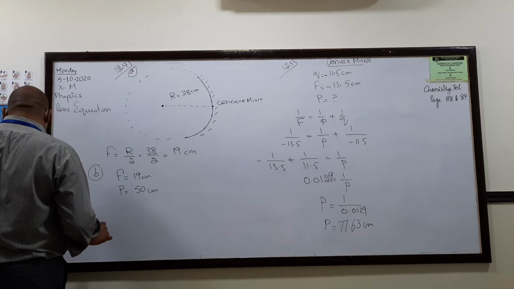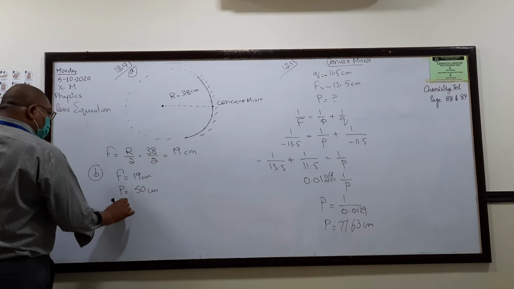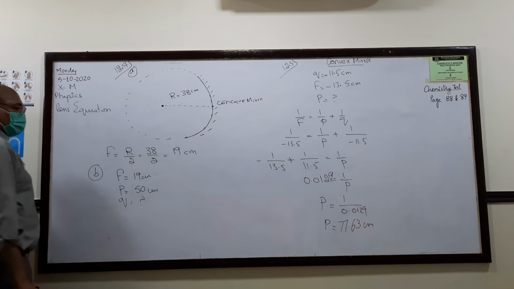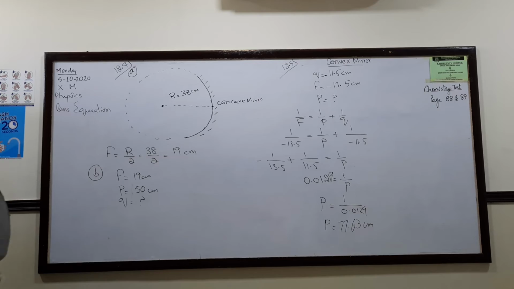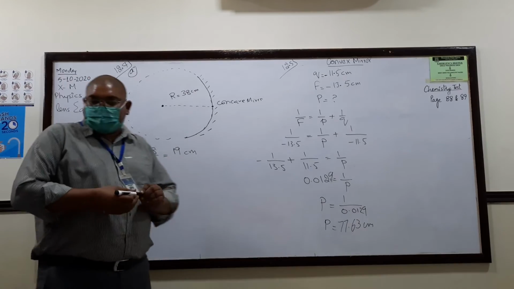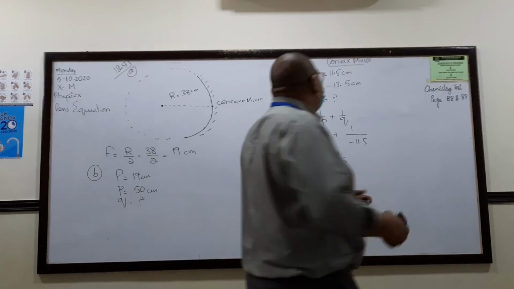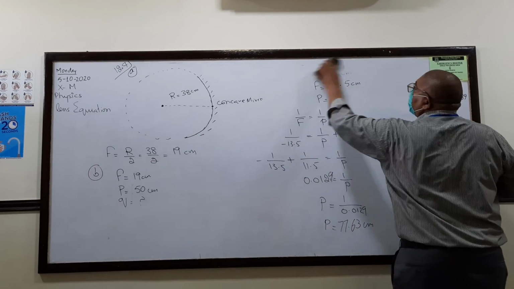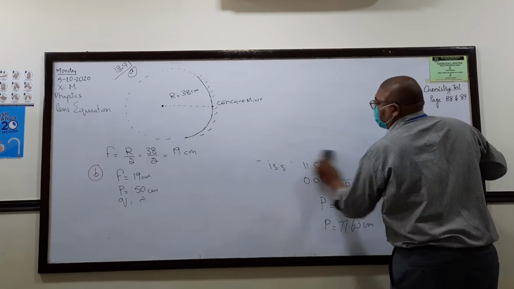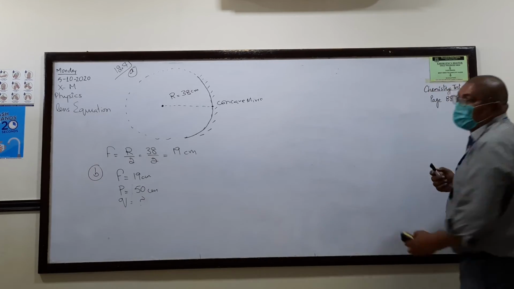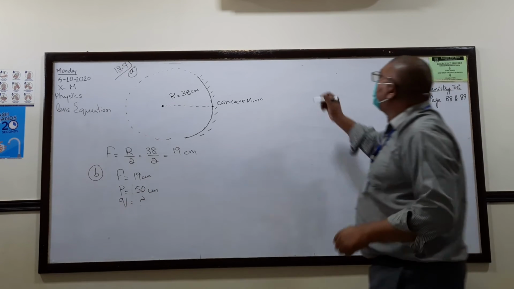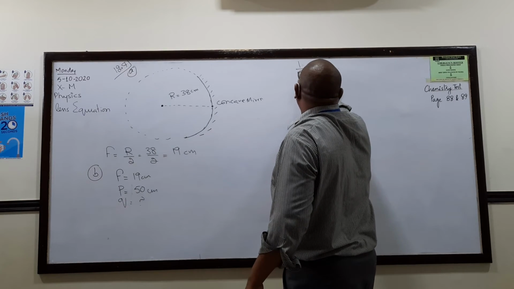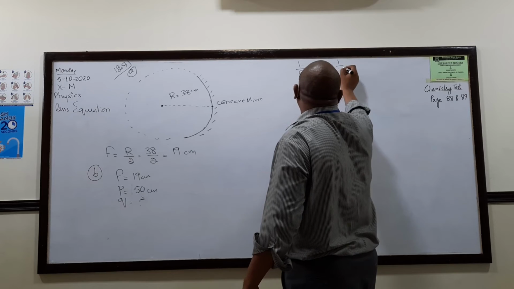Where will her image appear? The Q is the location of the image. This is a mirror, so apply the mirror equation: 1 by F equals 1 by P plus 1 by Q.